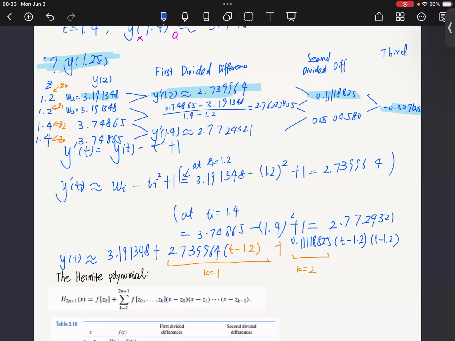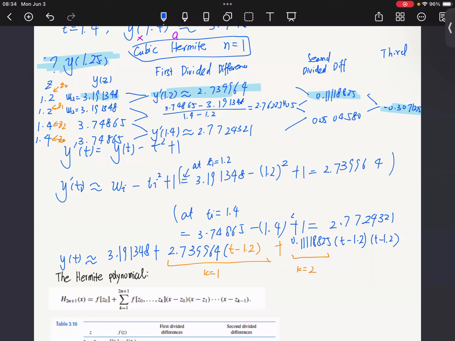Actually we are doing the cubic Hermite, which means that we want up to n equals 1, and here k equals 1, and we actually want n equals 1 here, so that the order here is 3.